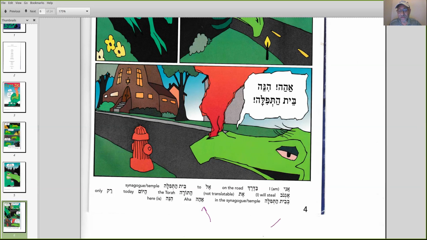So we start out with an aleph, a patach, hey, patach, and we have hey equals aha. Okay, so I'll just do that one time because that is just an exclamation that is not a real Hebrew word, but they are using the letters, the phonetic of Hebrew to write it out.